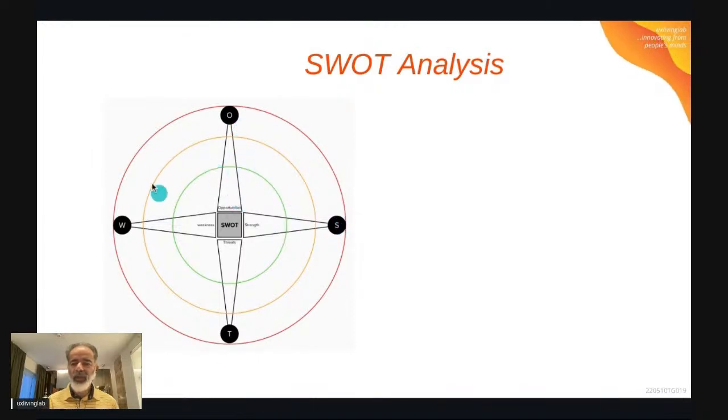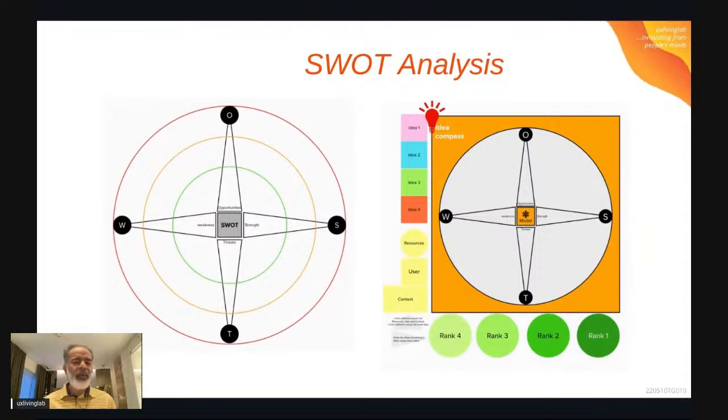So that's where you can put the sticky notes on this scale. You prepare a model, a diagram like this, then put the sticky notes. That's very simple.